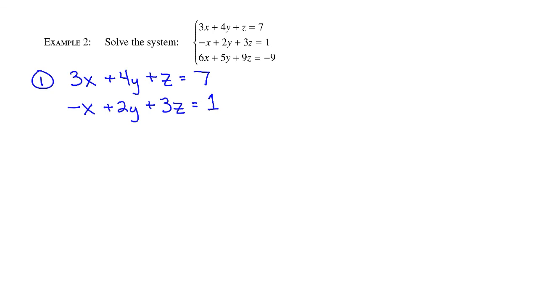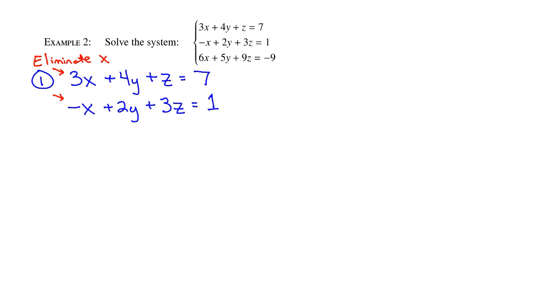I'm going to get rid of x. And I chose that because I can see that I already have 3x right here and negative x here.